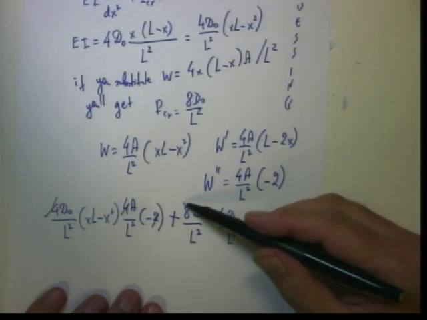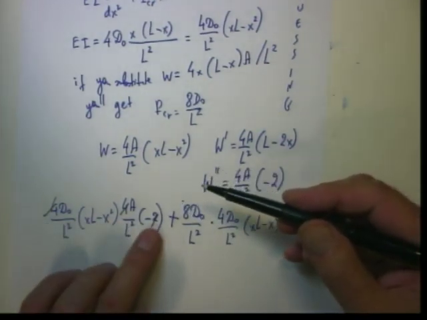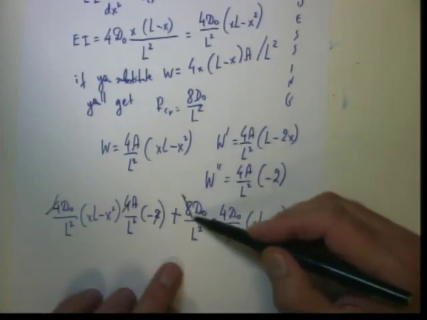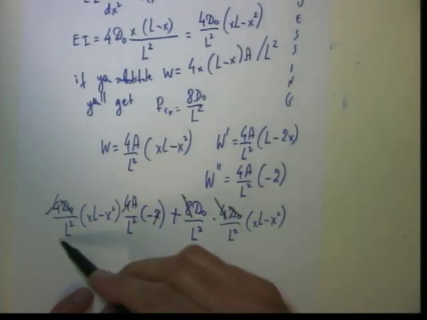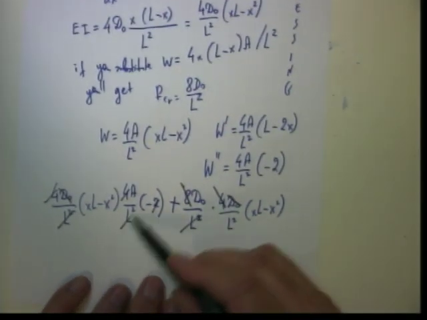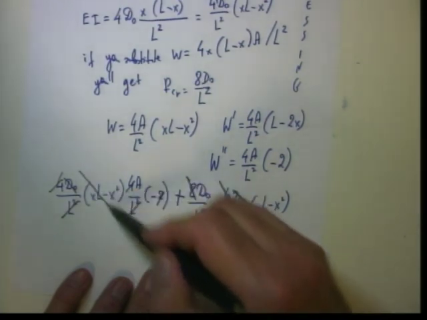And this 8 is gone. No, sorry. 4 times 4 is 16 times 2 is 32. So this is 32, that is gone. So this d0 and d0 are gone. This L squared and L squared gone. This L squared and L squared is gone. x(L minus x), so this and this are gone.